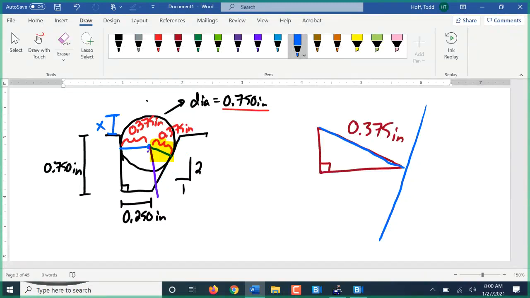What do we know about the relationship between a radius of a circle? I have to go way back a ways to your geometry if you've had it. Radius of a circle is always perpendicular, always makes a right angle to a tangent if the radius is at that point of tangency.